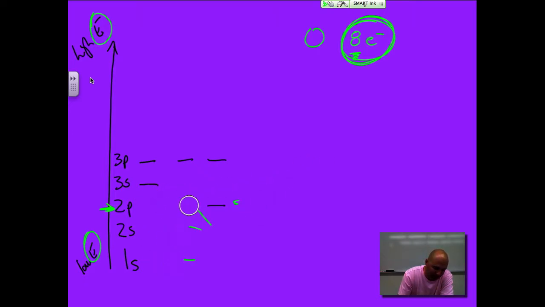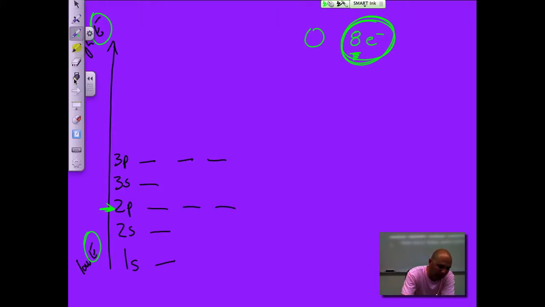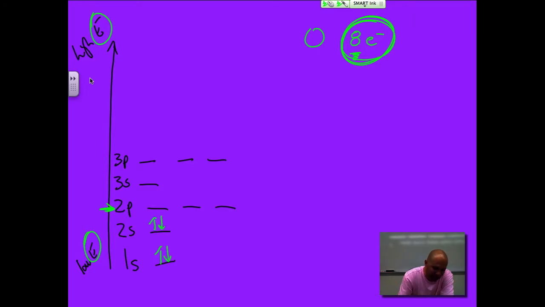What will happen is it follows Hund's rule. So we had our 1, 2, 3, 4. Hund's rule says equal energy orbitals so that a maximum number of unpaired results. Well, there's 5th, 6th, 7th, so they spread out across the orbitals, and then my 8th will go there.